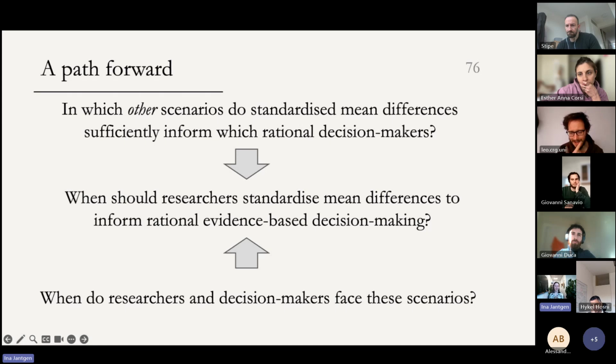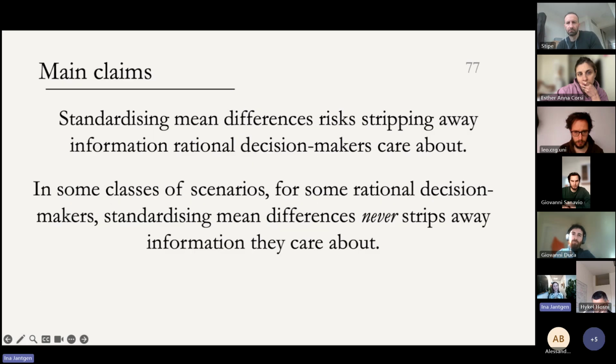But basically, those debates proceed in an all or nothing fashion and say either never standardize or always standardize. And I think the recommendation we would get from pursuing this line of research is something much more context sensitive. Okay, but I won't talk about this more for today.